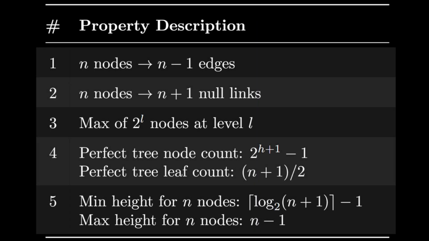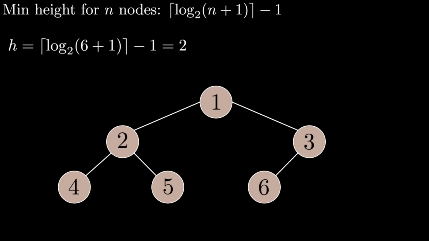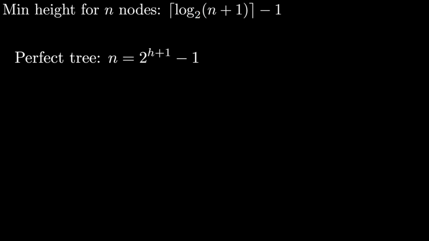And finally, these are the expressions for the minimum and maximum height of a binary tree with n nodes. For example, this tree has the minimum height for a binary tree with 6 nodes. To get a minimum height, the tree should be balanced and as close to complete or perfect as possible. Recall that in a perfect binary tree, the number of nodes in terms of h is 2^(h+1) minus 1.